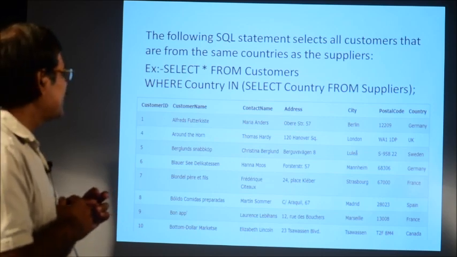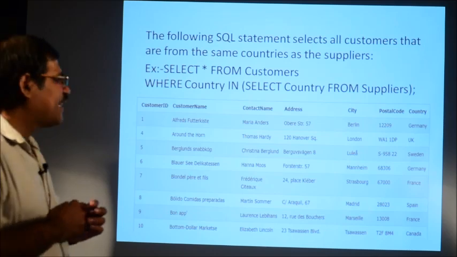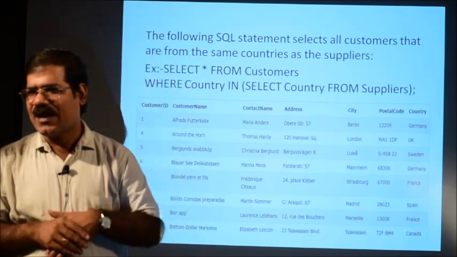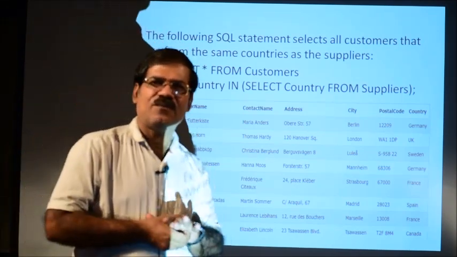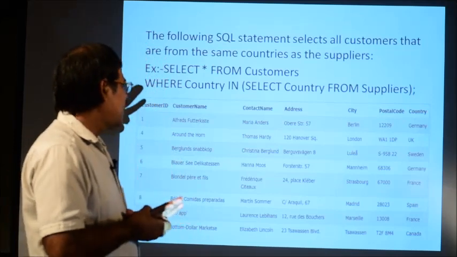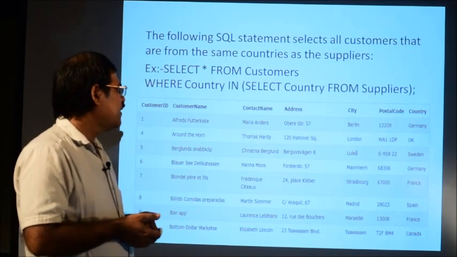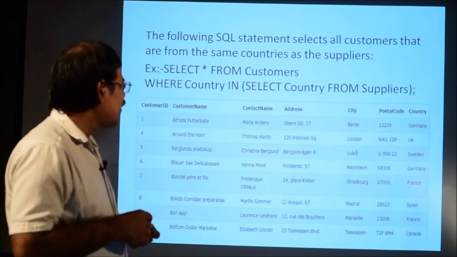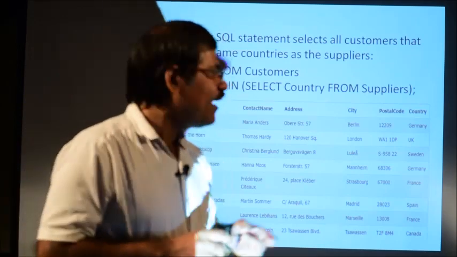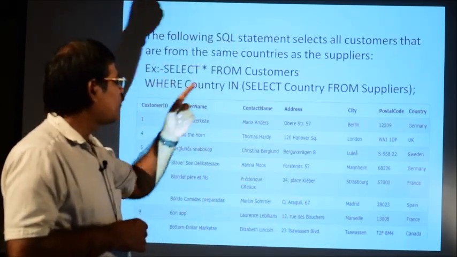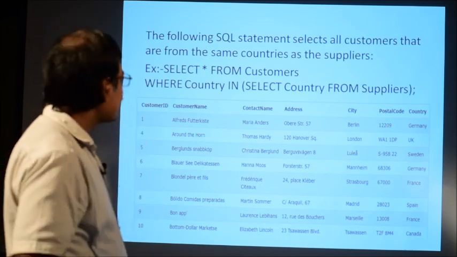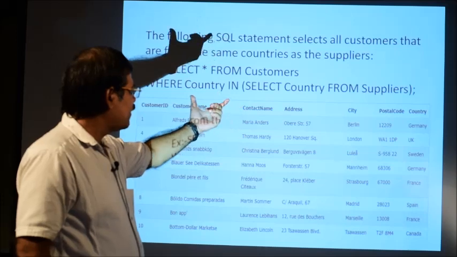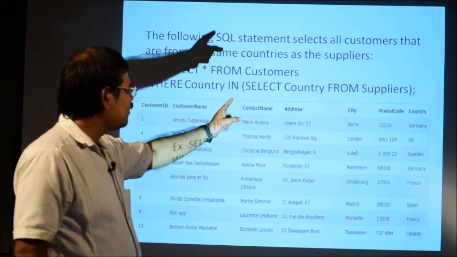Then these values will be checked in your customer table and that many records will be selected and displayed on your computer screen. So according to the supplier's country, the customer records will be selected in the customer table and displayed. There are two tables here, customer is one table, supplier is another table. In the inner bracket is written select country from suppliers.